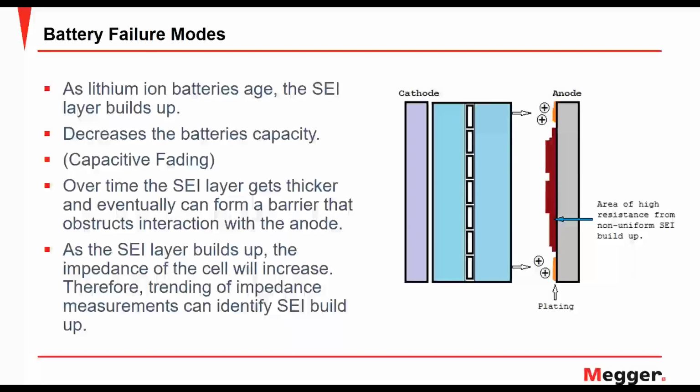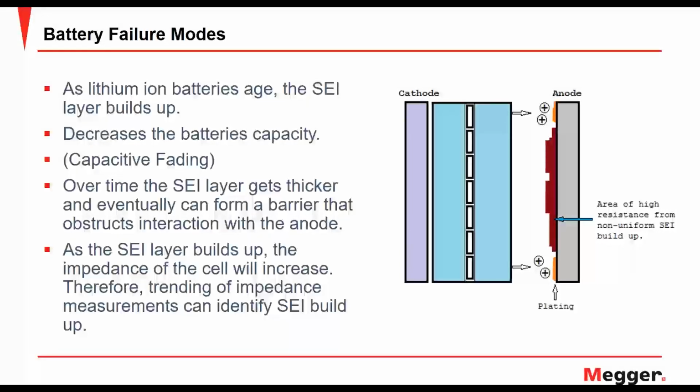This layer is formed periodically or naturally as the battery ages, and it gets thicker with time. Each time it gets thicker, it blocks the blades from having a higher surface area, and thus really decreases the capacity of the battery.